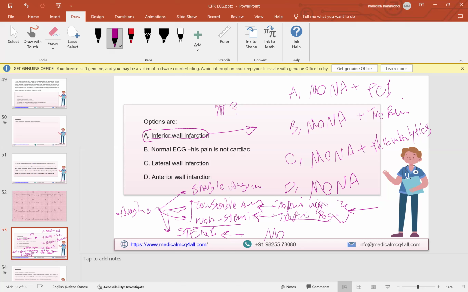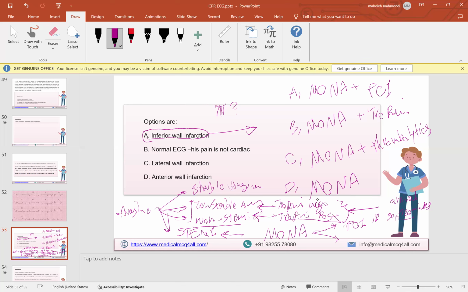Give the patient MONA, and after that, you can send the patient for PCI if PCI is available within 90 to 120 minutes. Nowadays, most of the textbooks say 120 minutes from the time of the patient's arrival to your clinic or any other facility.